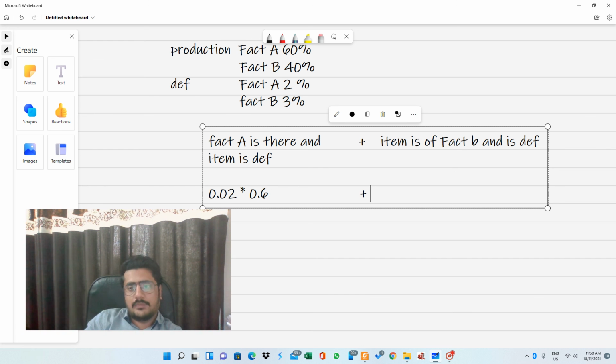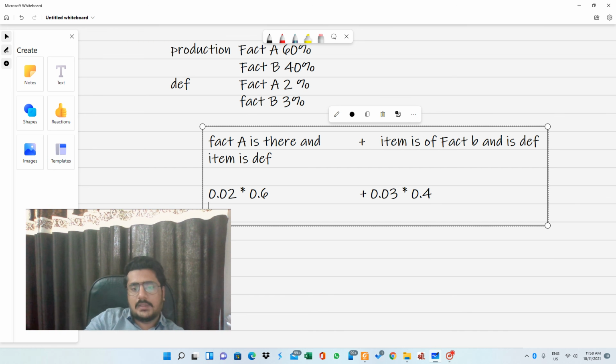Or defective from factory B. So from factory B, the probability is 0.03. And what is the probability that the item is selected from factory B? It is 0.4. See, this defective probability is given for factory A and factory B. The probability that factory A is selected is 0.6.